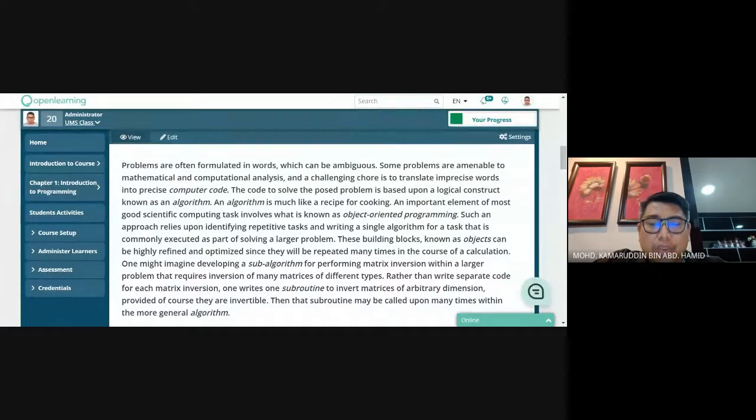But the most important thing when we are talking about an engineering problem is that the problem itself should consist of some mathematical and also computational analysis. And it can be up to several degrees of difficulty.